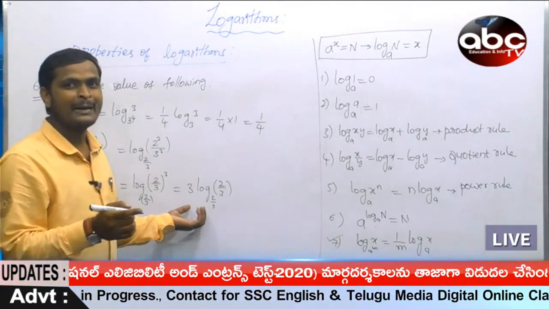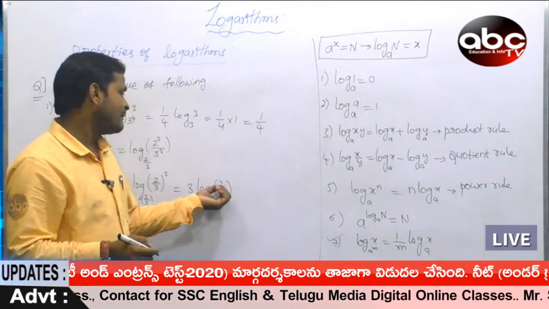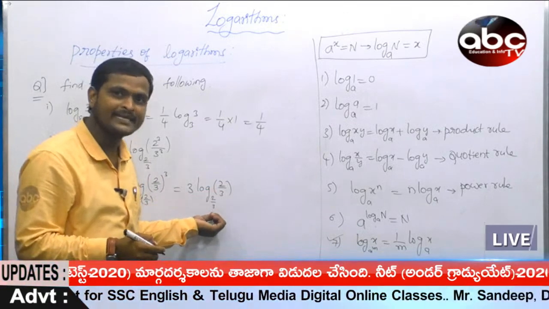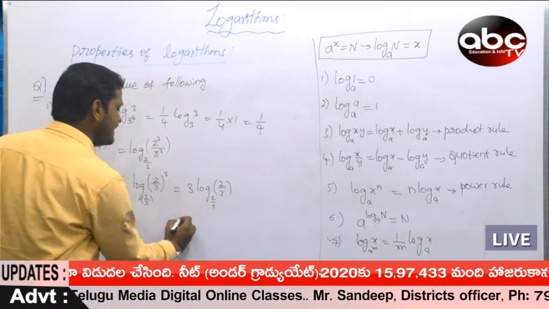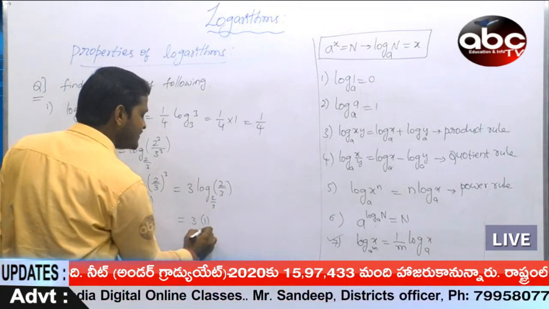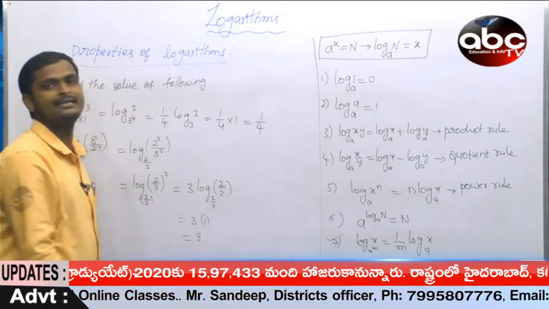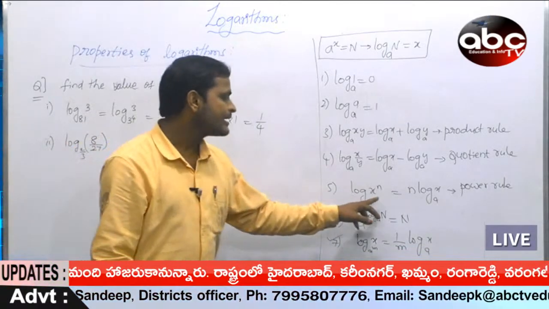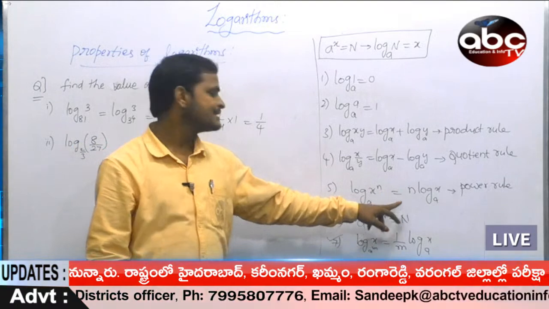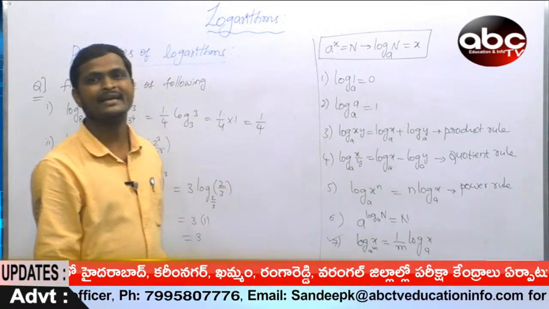When we know in properties of logarithm, log value and base are same, then we get answer 1. Then 3 into 1 is equal to 3. Right? Very simple.